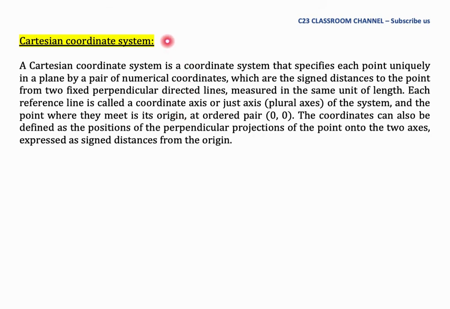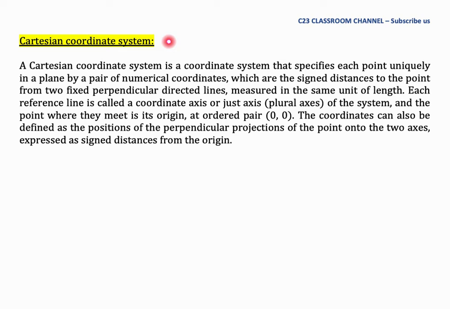So the first system is the Cartesian coordinate system. A Cartesian coordinate system is a coordinate system that specifies each point uniquely in a plane by a pair of numerical coordinates, which are the signed distances to the point from two fixed perpendicular directed lines measured in the same unit of length.